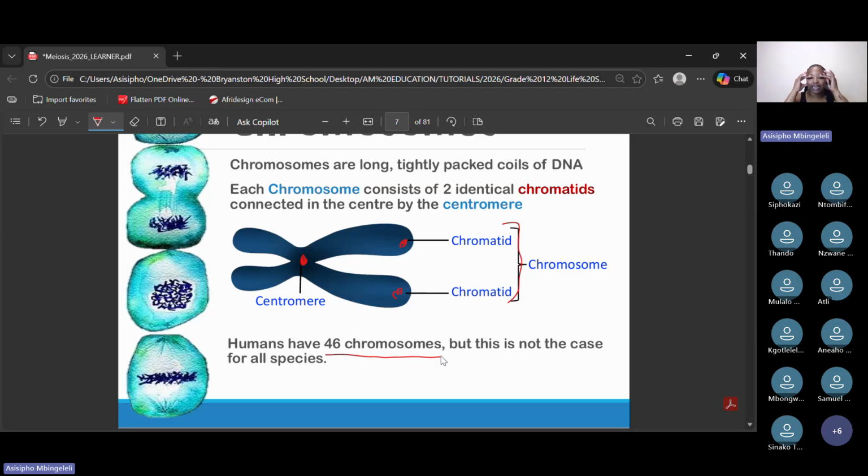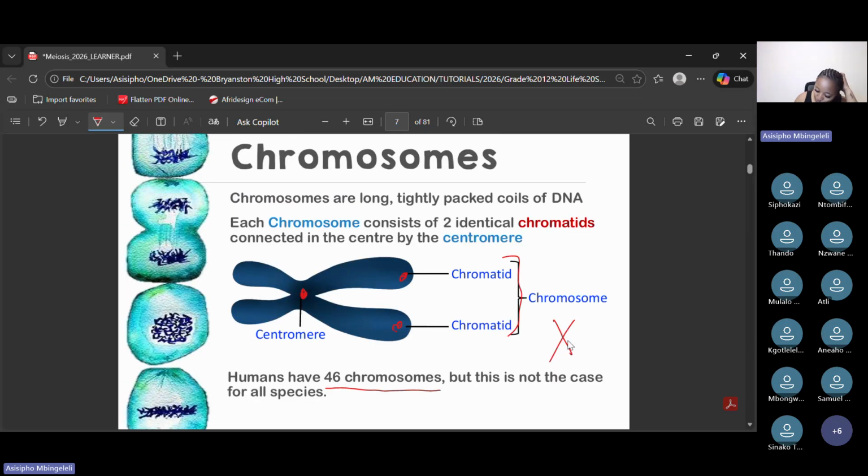Please make a note here. You will be required one way or the other to draw the structure of a chromosome, and that could be in the different phases of meiosis. Please note the following. If you draw an X and then you put a dot here in the middle as your chromosome, you are going to be penalized.